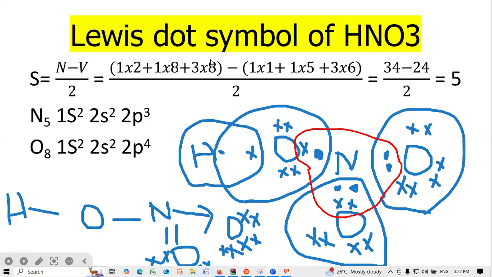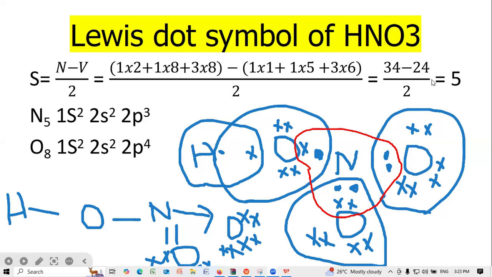This is the N part of the formula, minus the V part. In nitric acid, only one hydrogen, multiplied by one, because the valence electron of hydrogen is only one, plus one nitrogen, so one multiplied by 5, because the valence electrons of nitrogen is 5, plus 3 oxygens, 3 multiplied by 6, because the valence electrons of oxygen is 6.